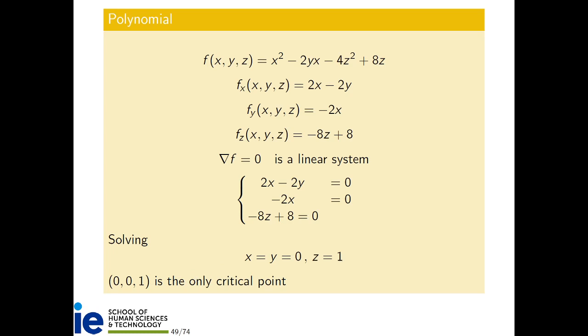Okay, so critical points for functions of one variable were found by solving the equation that the derivative is equal to 0. Similarly, for functions of many variables, critical points are found by solving the system of equations, which is found by setting the gradient equal to 0.